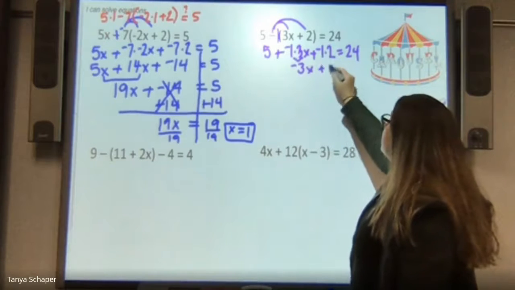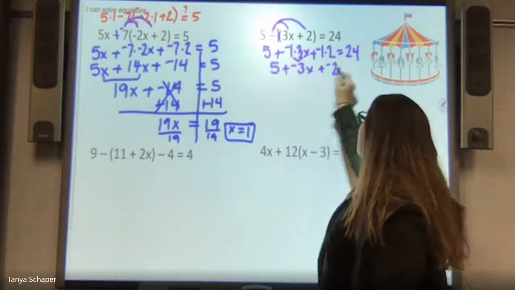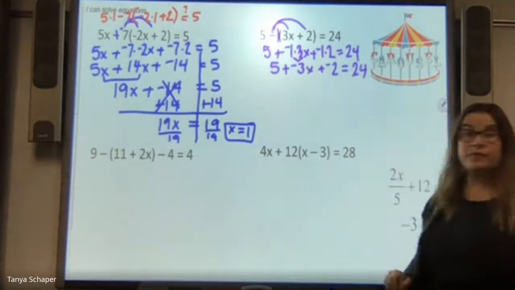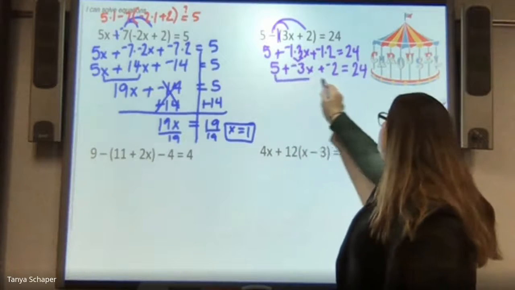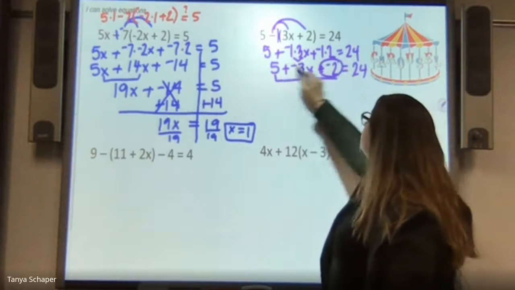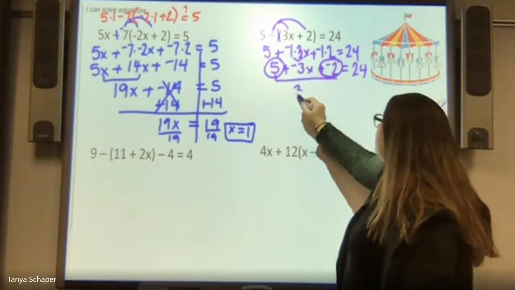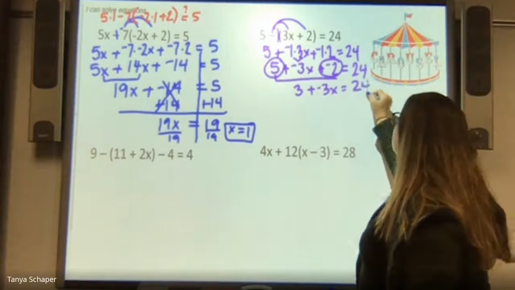Plus negative times positive is -2. So 5 plus -3x plus -2 equals 24. I'm going to combine 5 and -2. So 5 plus -2 is 3 plus -3x equals 24.